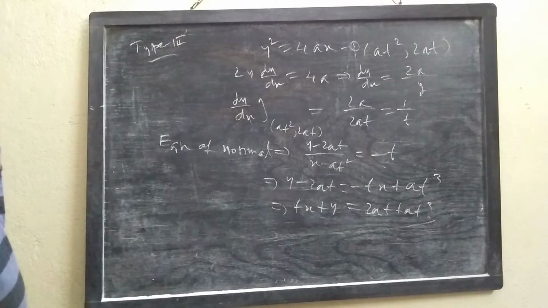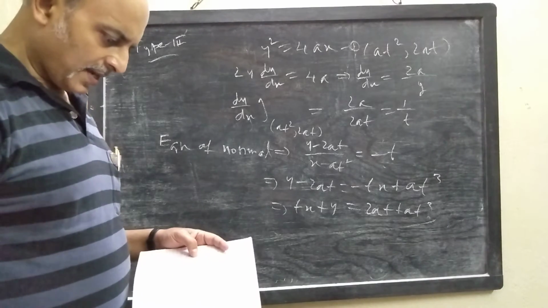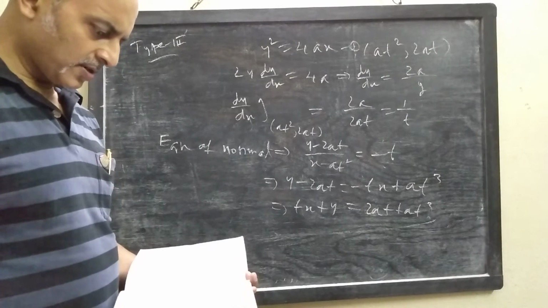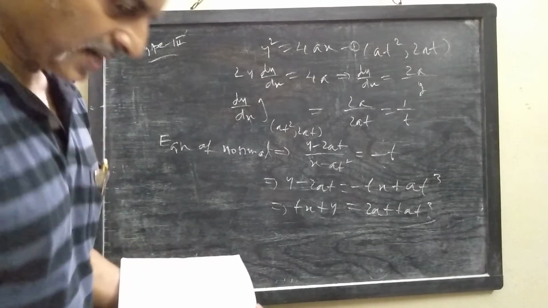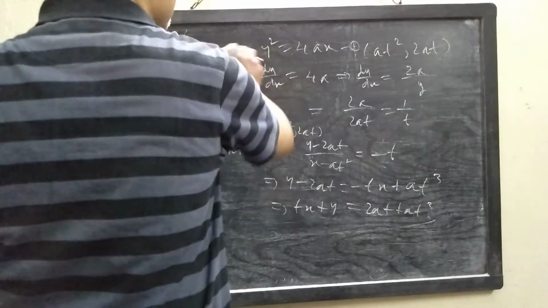Next, find the equation of the normal to the curve at x equals 0. And here the curve is in some different form.